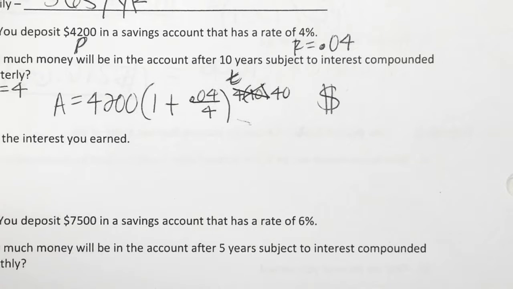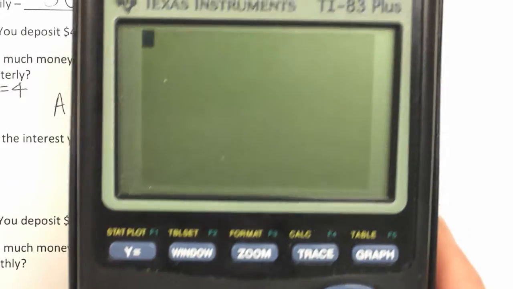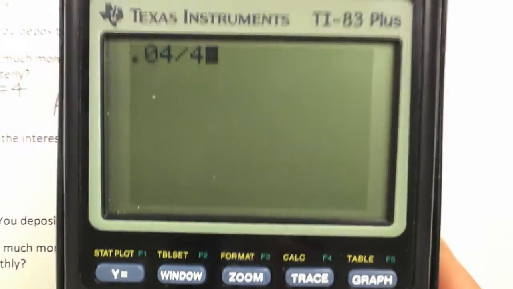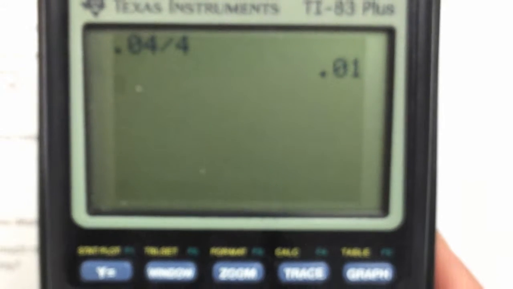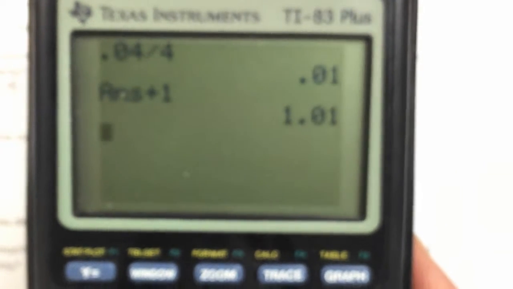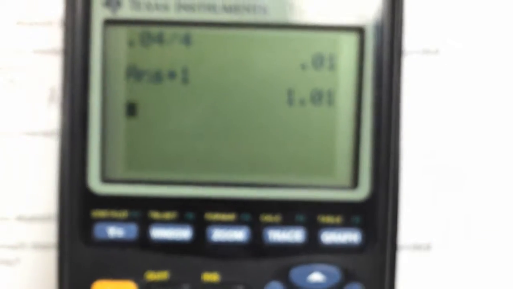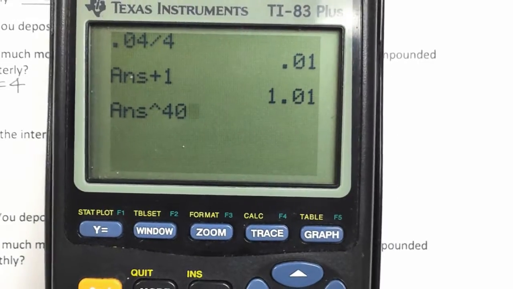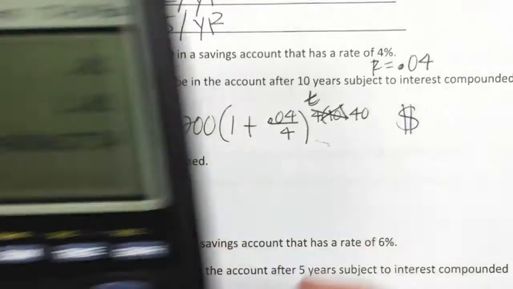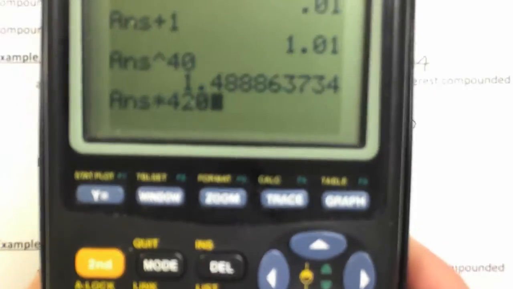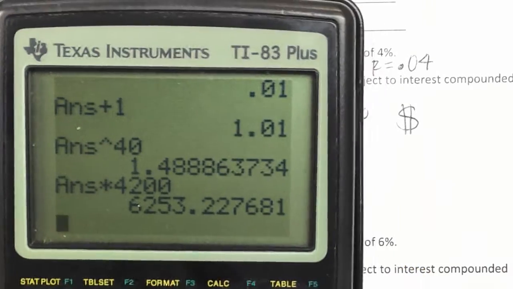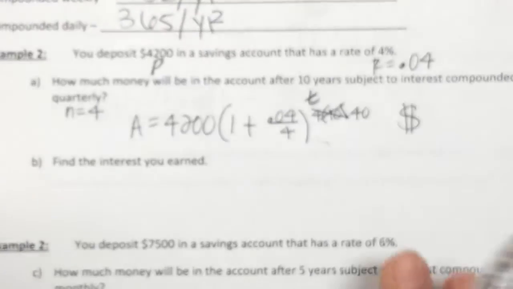Alright, everybody watching? Okay. Everybody watch what I do. 0.04 divided by 4. Hit equals. Okay? Darius, please turn around. Plus 1, enter. 1.01. And then raise to the 40th power, enter. And then you're going to multiply that by 4,200. That's the order you have to do it in. So let's write it out to the side so y'all remember, okay?